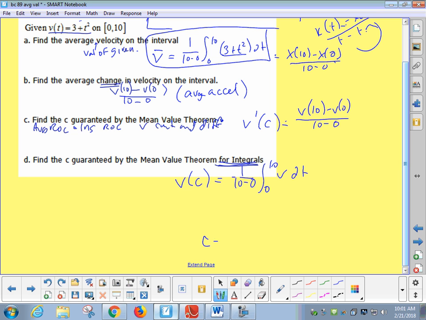And C, what is it in terms of this problem? Is that a time or a velocity? Time. It's the time when the car is going its average velocity. It's the instant when it's hitting that average velocity, right? I think that's what I wanted to get across. Are you down?